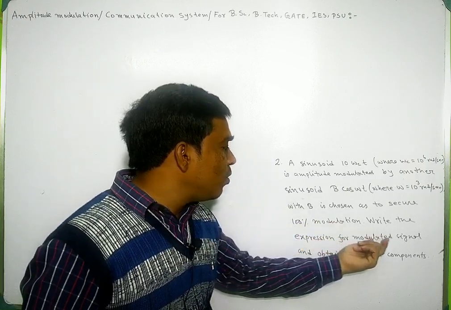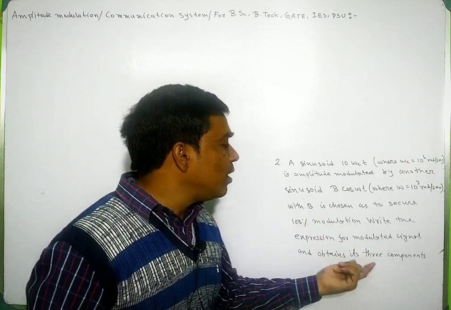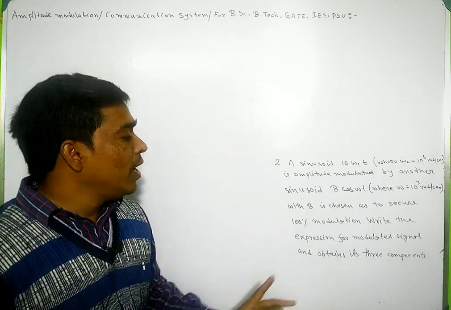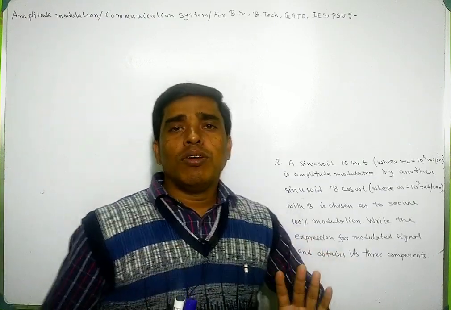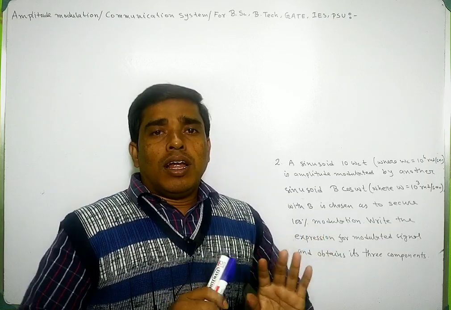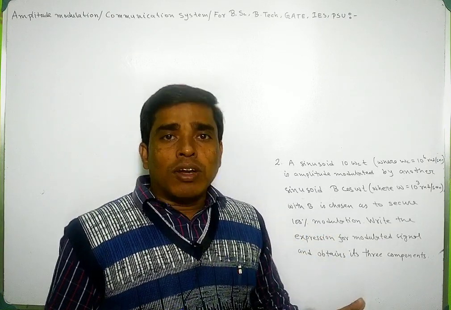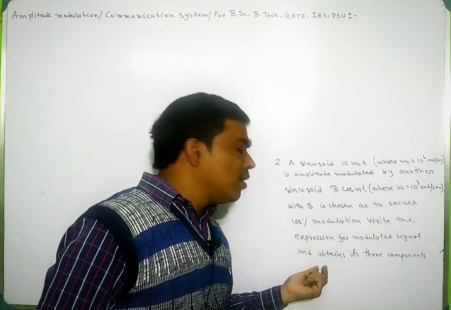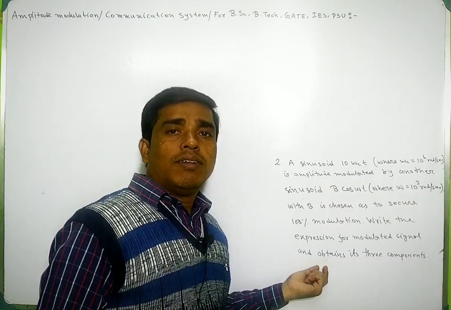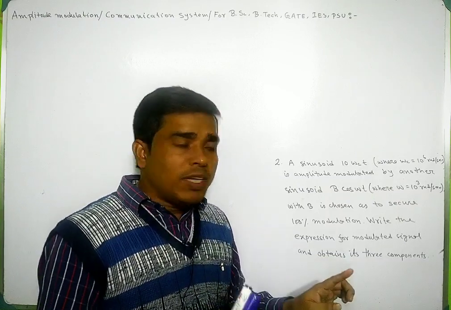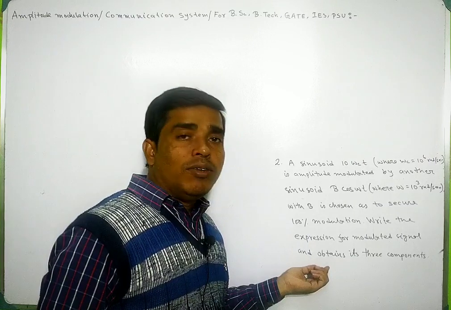Write the expression for the modulated signal and obtain its components. That means here you have to find out the expression for the amplitude modulated signal. So the total expression you have to derive.